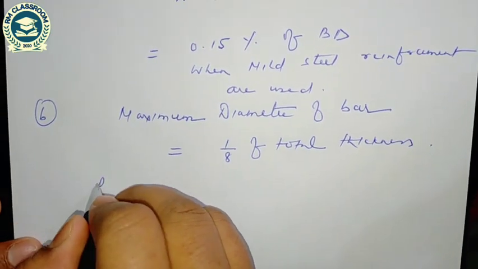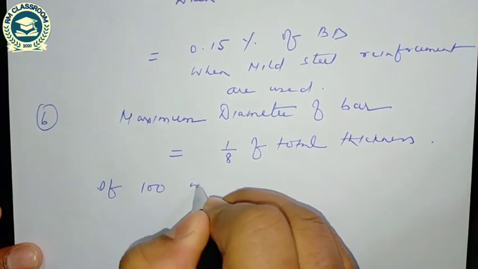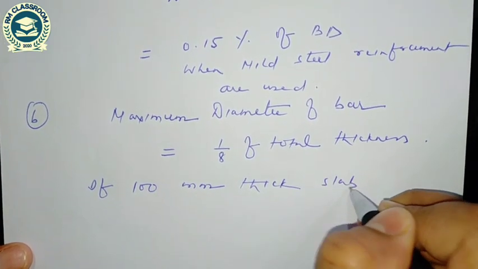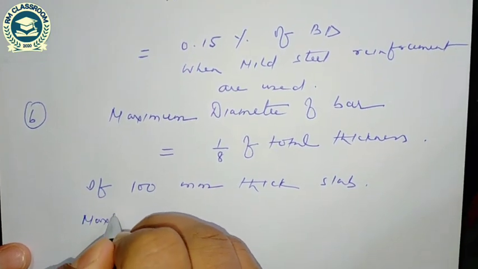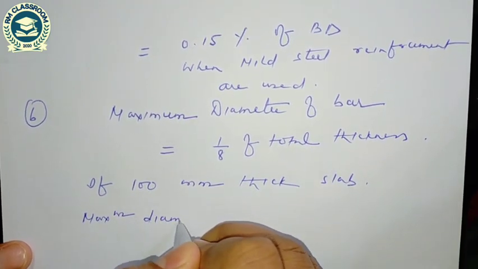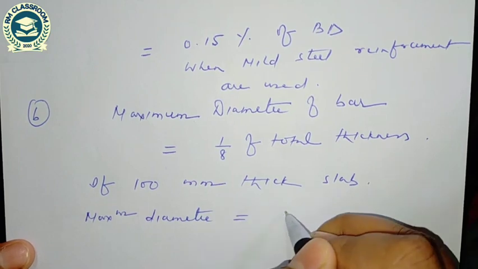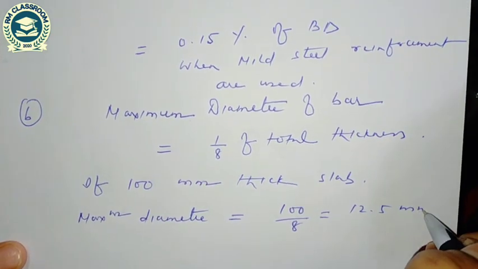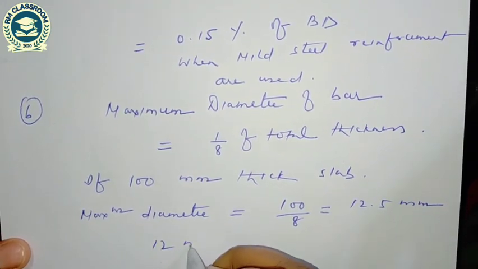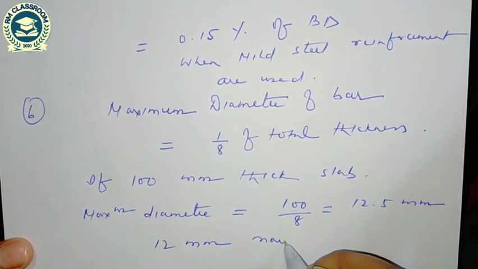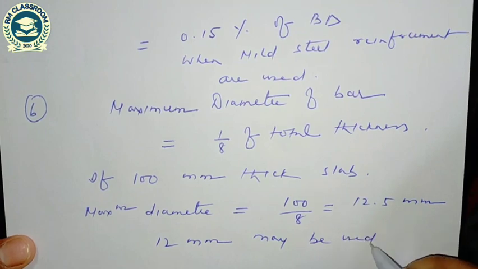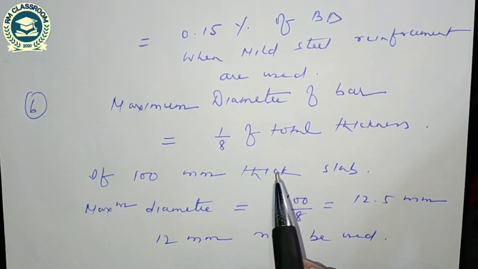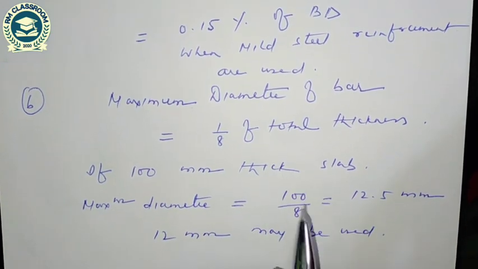Let us assume a 100 mm thick slab, so what maximum diameter can we provide? Maximum diameter is 100 by 8, 12.5 mm, so we can use 12 mm. So the maximum diameter in a slab is 1/8 of the total thickness.